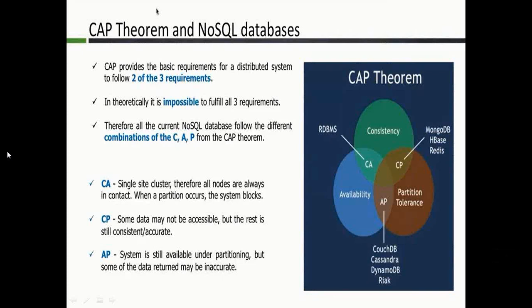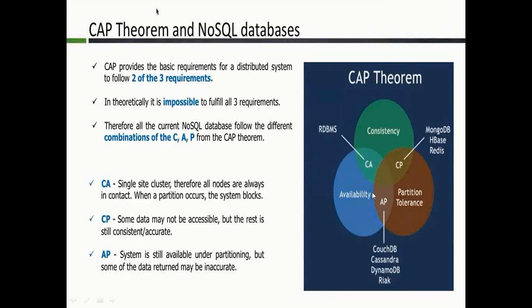Most databases will satisfy any two of these requirements. The third requirement they also try to satisfy, but not that much. Coming to RDBMS, it mostly provides consistency and availability.